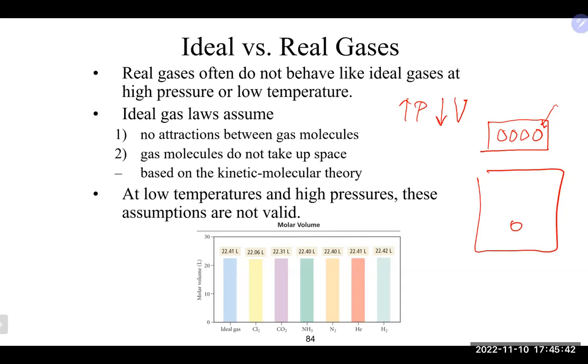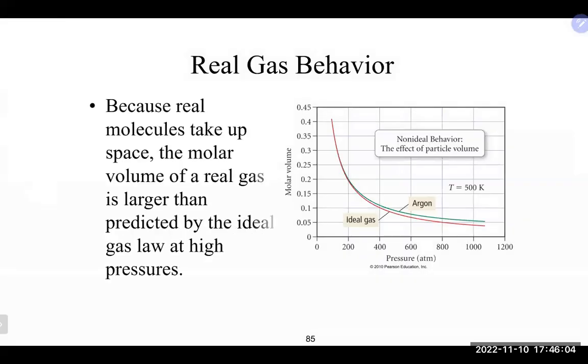So what we see is at low temperatures and high pressures, the 22.414 molar volume that we assume in an ideal situation does start to vary as we look at different gases. And what we see is that interaction happening that's really important, the volume interaction and that pressure interaction.